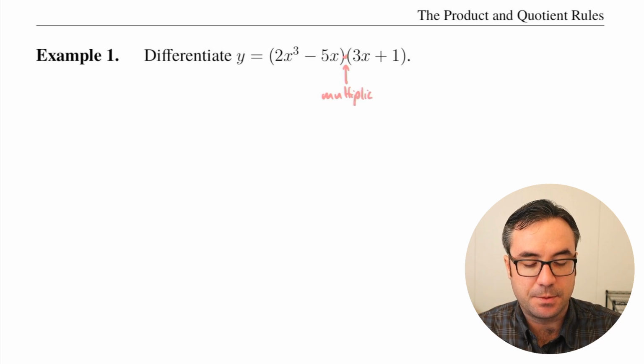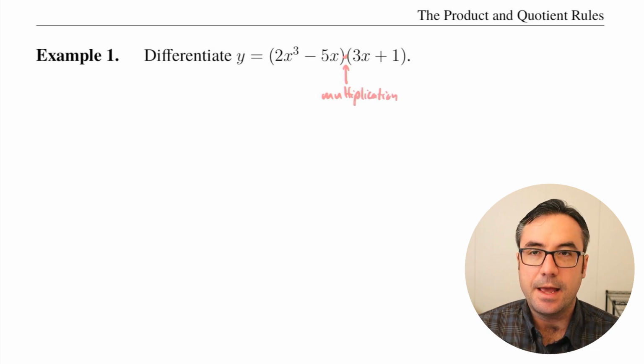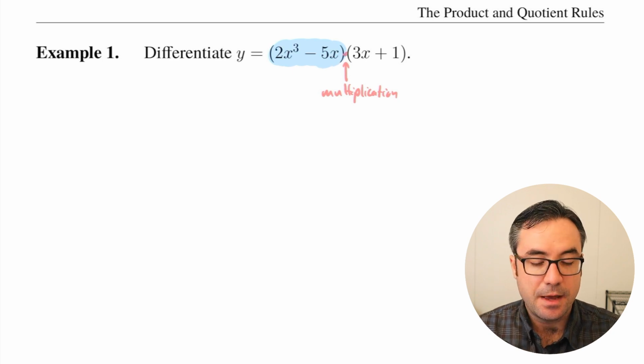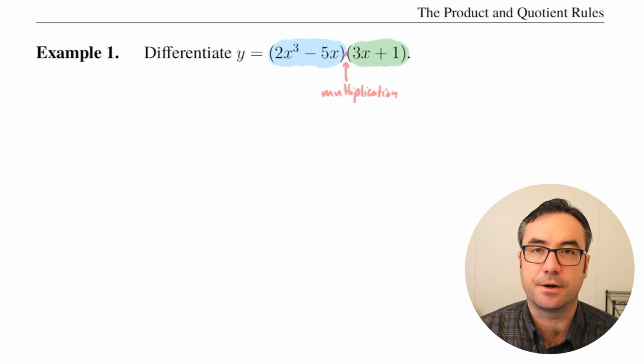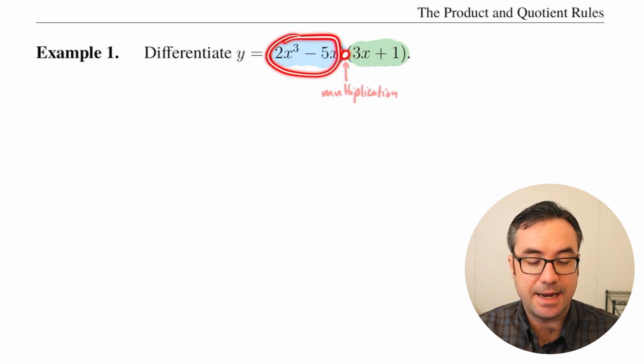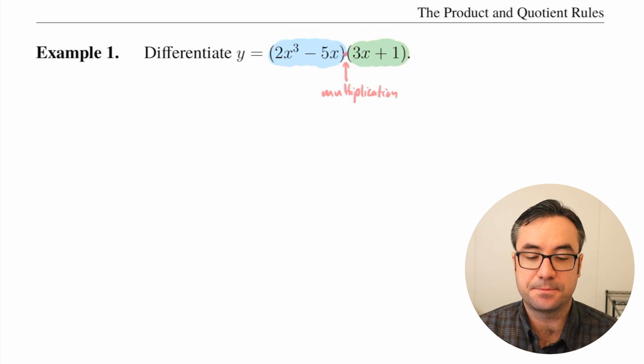On either side of that multiplication, there are variable terms, some x's there and some variable terms over here. So we're multiplying two functions of x, so we're going to use the product rule.